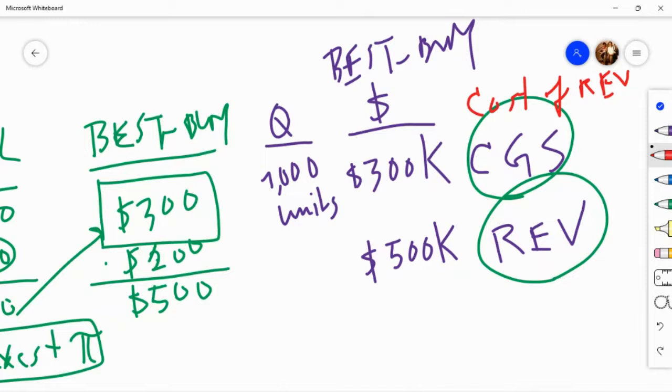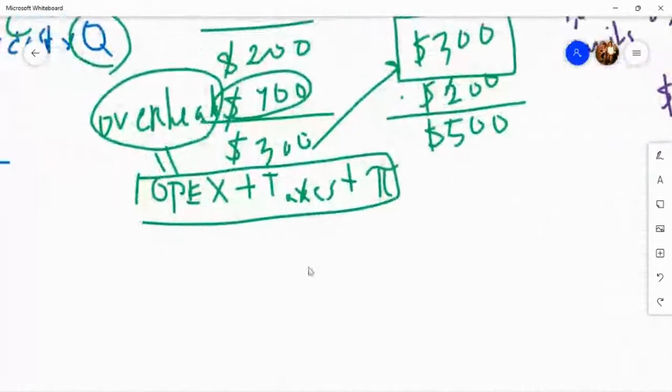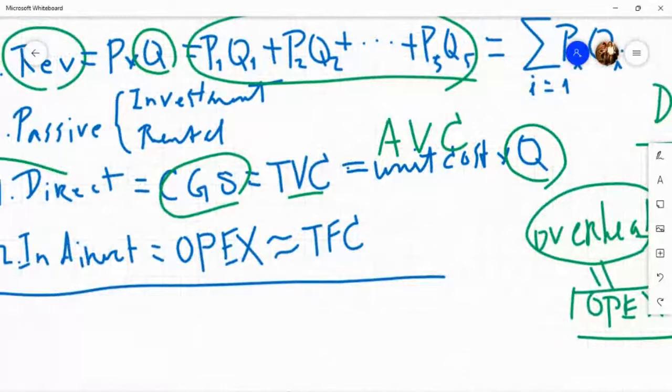Two sides of the same coin. At least that should help you get the structural view of this. So that explains a lot about the relationship between revenue and cost.